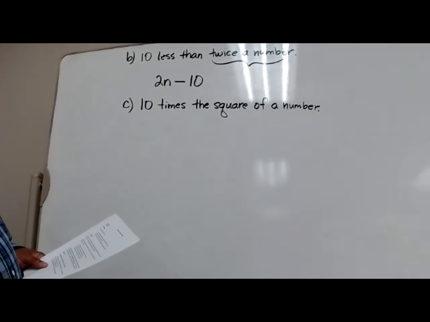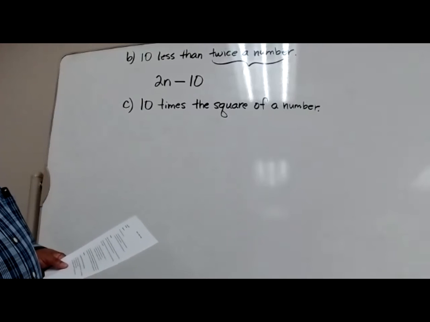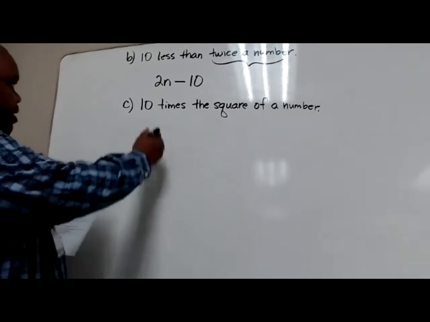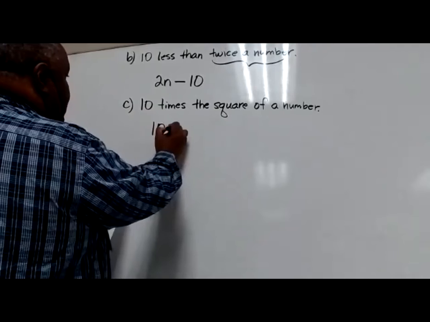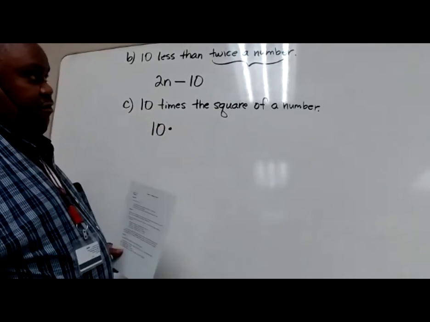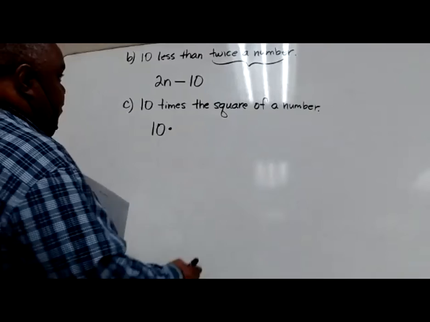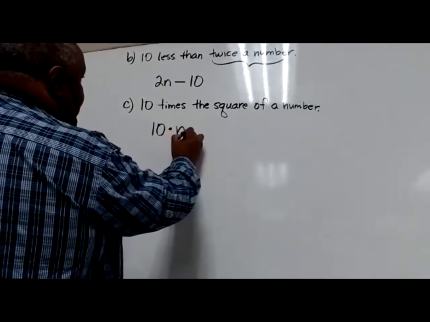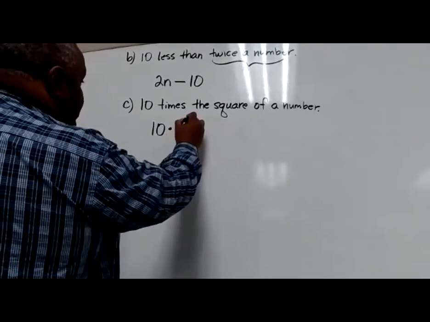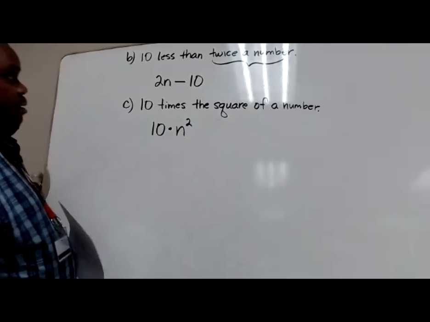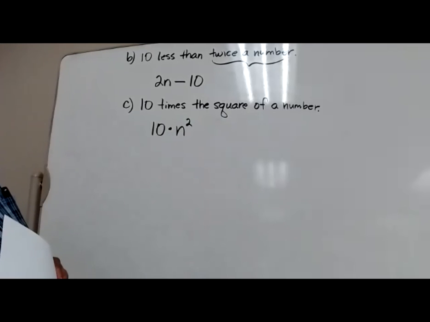So if I want to translate that into an algebraic expression, this will be, of course, 10. And of course, you can write this with a multiplication symbol, the square of a number. That'd be n. And if we're going to square it, it'll have to be with an exponent of 2. So it'd be 10 times n squared.